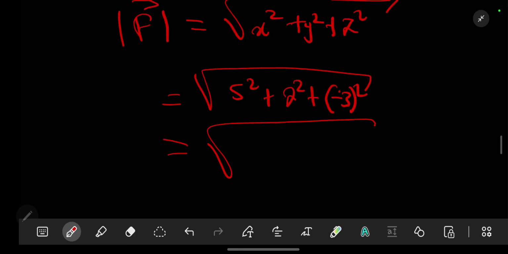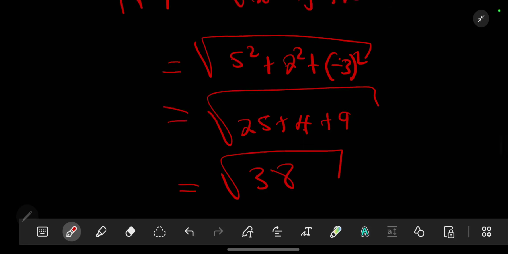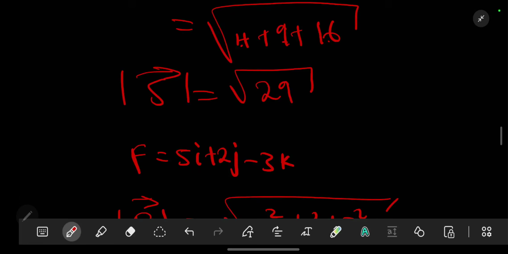When we add these, 5 squared is 25 plus 2 squared is 4, then plus 9. If we add these, 25 plus 4 is 29, plus 9 will give us a value of 38, the root of that.